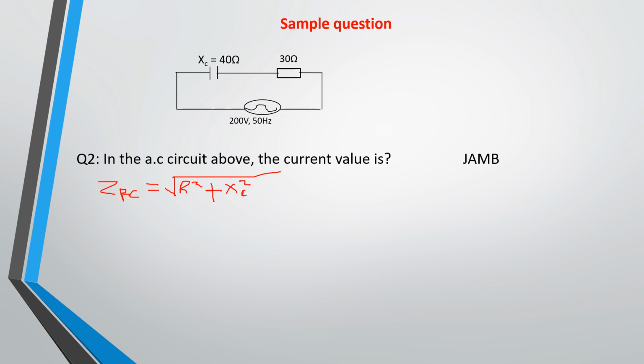Then we are also told that the current is equal to what? It's equal to voltage all over Z, all over the impedance.